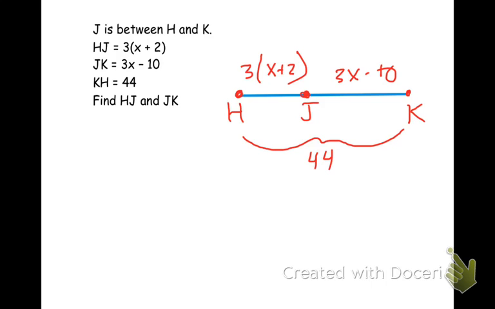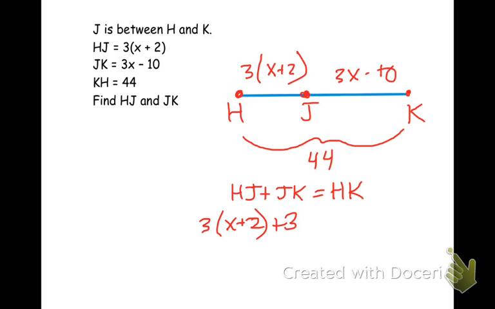We know by segment addition postulate that HJ plus JK needs to equal the full distance HK. So 3 times x plus 2 plus 3x minus 10 needs to equal the full distance 44.